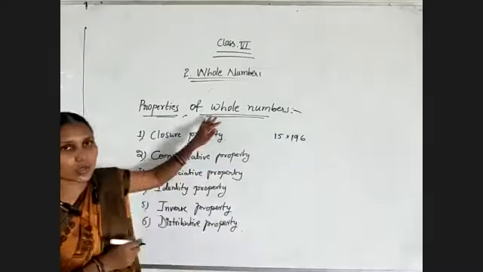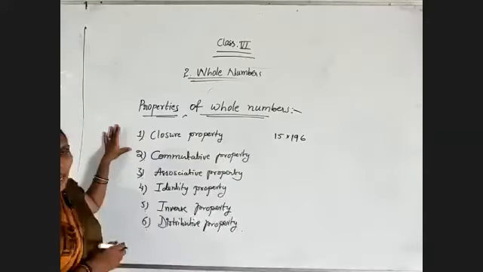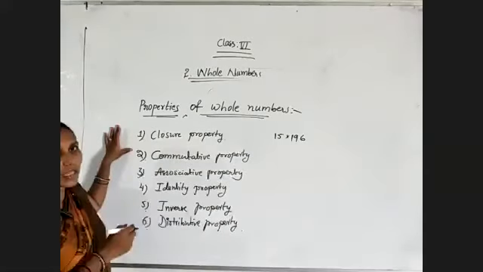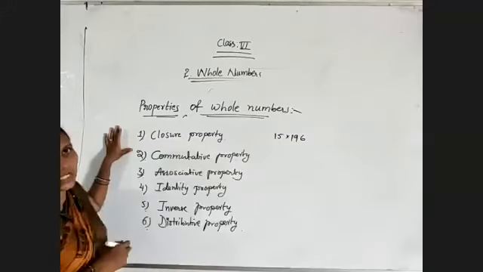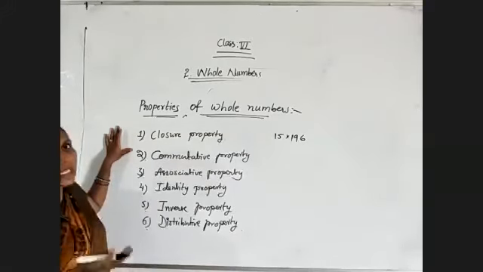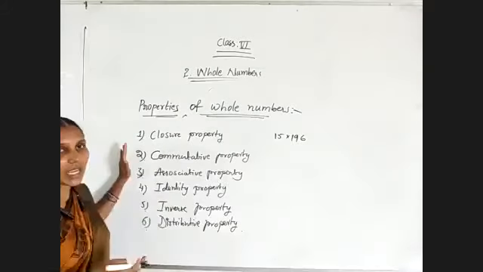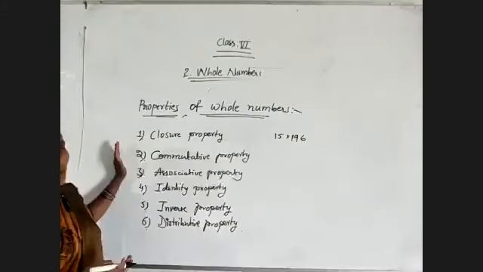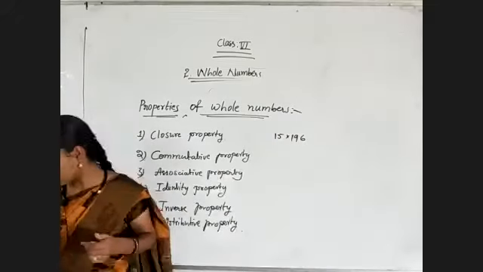What are the uses of properties? It will give the answer in less time, and it will give us the easiest procedure. Since we can solve the problems easily and in less time with the properties, that is the main usage of properties.